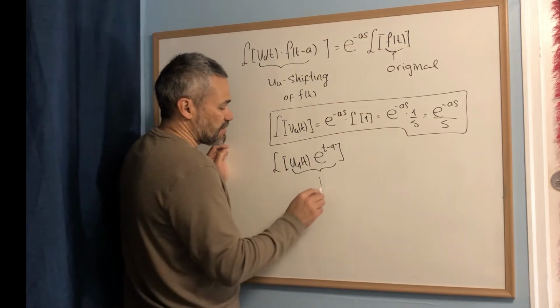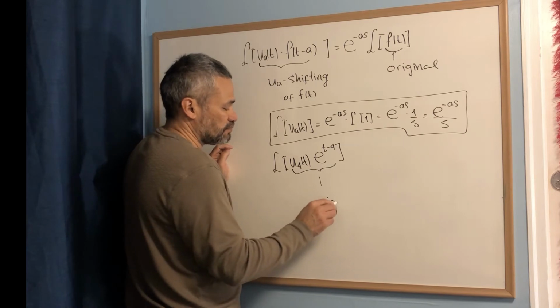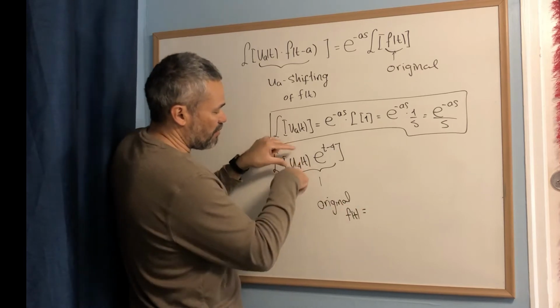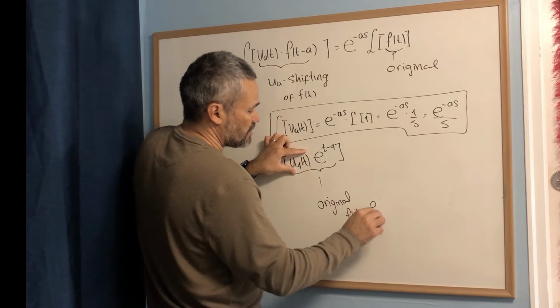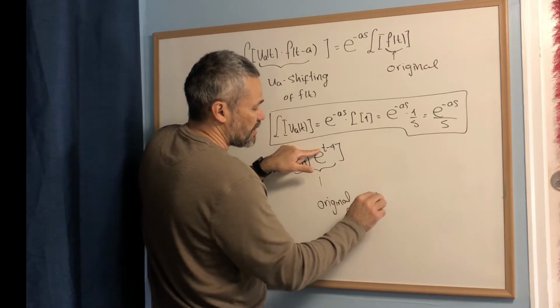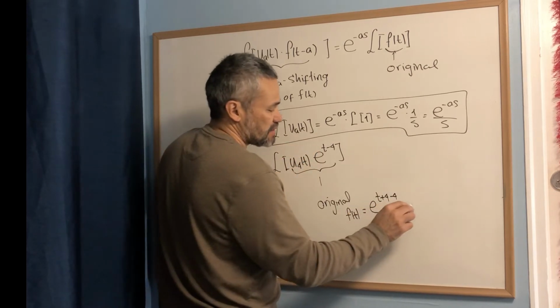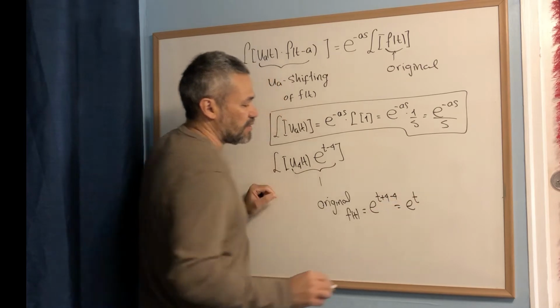Then in this case, the function f of t would be: forget about this part, and anytime I see that t, I replace it with t plus 4, and then this is just e to the t.